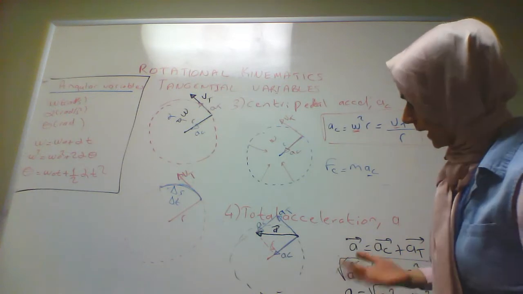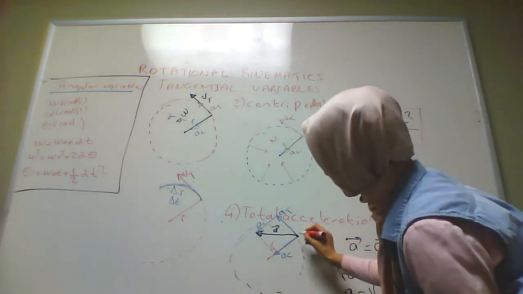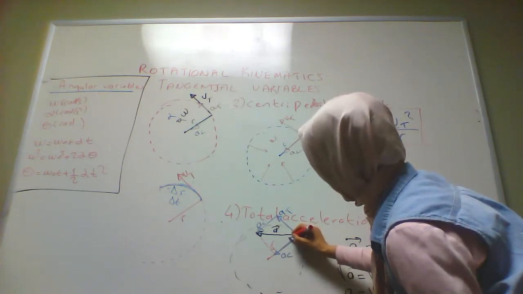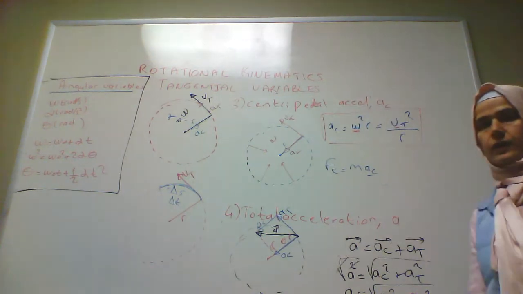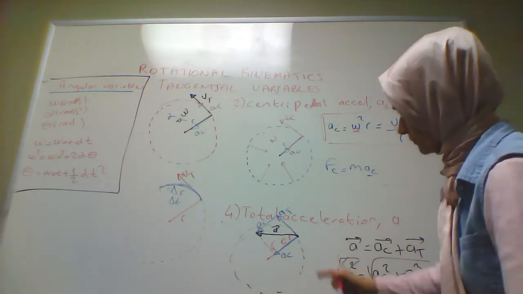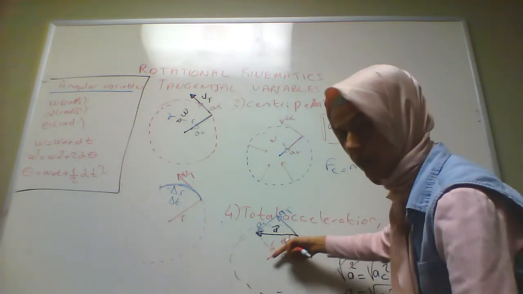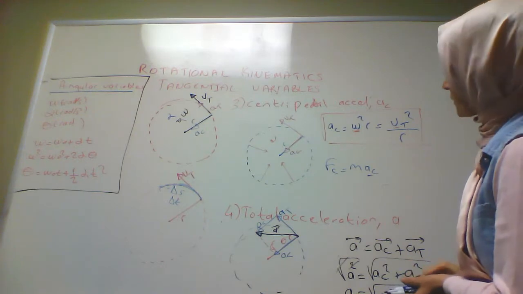What you might also be asked in a question is to find the angle theta between the radial direction and the total acceleration. This could also be involved in another problem. Radial direction is the direction along the radius. So the theta angle can be found.